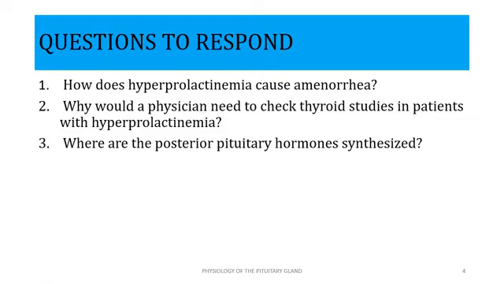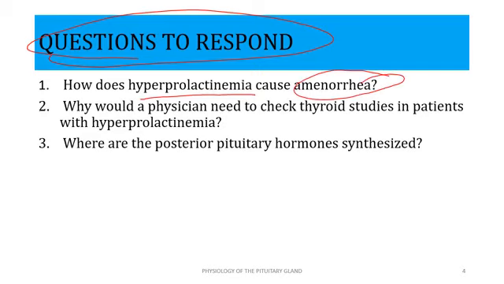Okay, after having passed through that clinical scenario, we had questions to respond to. Number one, how does hyperprolactinemia, meaning a high level of prolactin in the blood, cause amenorrhea? Amenorrhea again is the loss of menses. Why would a physician need to check thyroid hormone in relation to a patient with a high level of prolactin hormone, that is hyperprolactinemia?